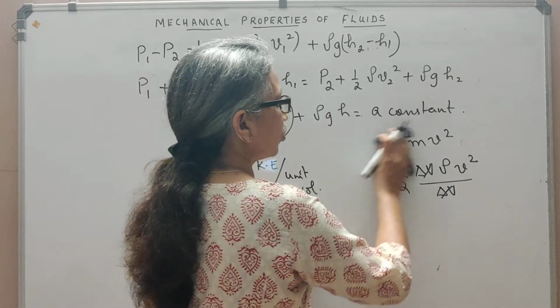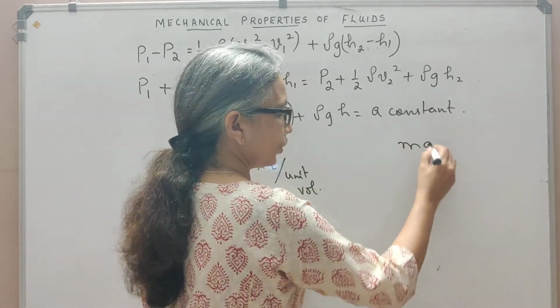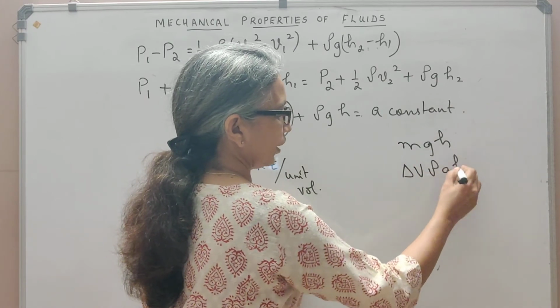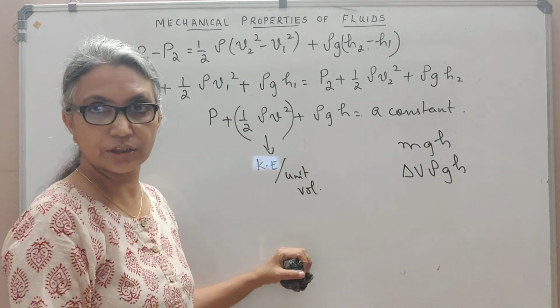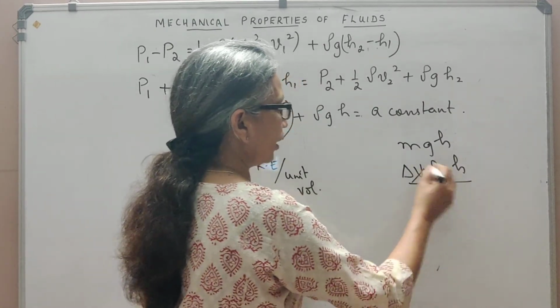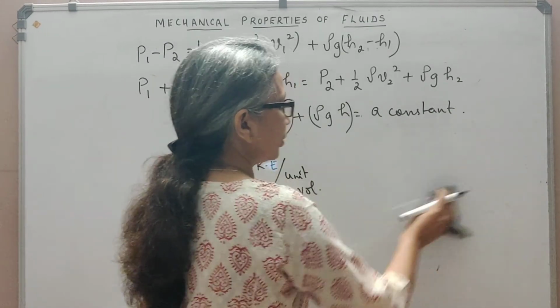Similarly, let us look at rho gh. Now potential energy we know is mgh, mass is volume into density into h. So this is also potential energy total. For unit volume, if I divide by delta V, I get this rho gh. So this rho gh is actually potential energy per unit volume.